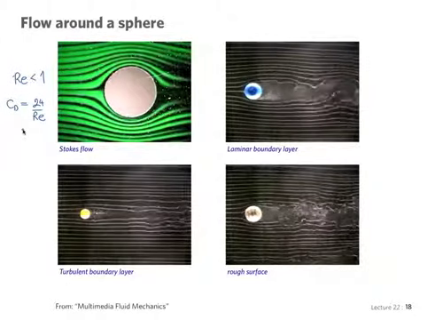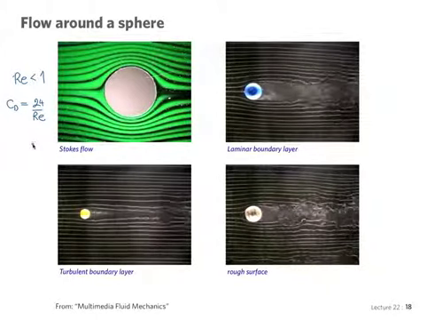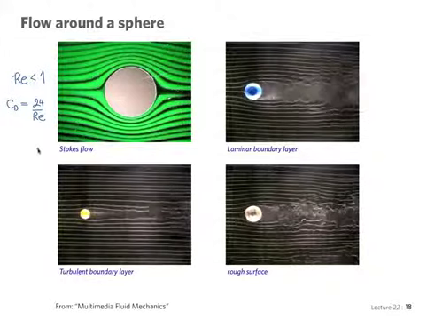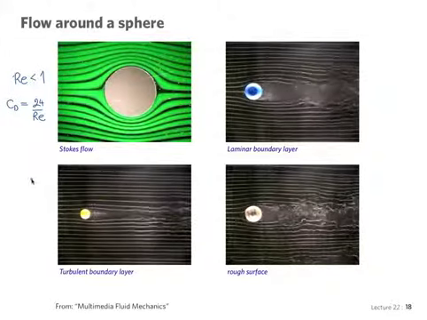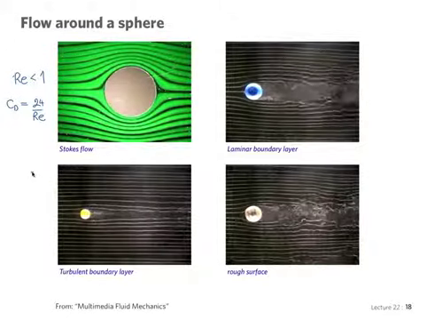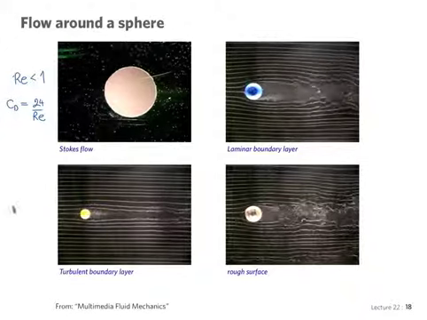If you increase the flow, notice that the drag coefficient here is decreasing with increase in Reynolds number. The drag coefficient normally continues to decrease with increase in Reynolds number, but because of separation, it decreases more slowly than in the case of Stokes flow.